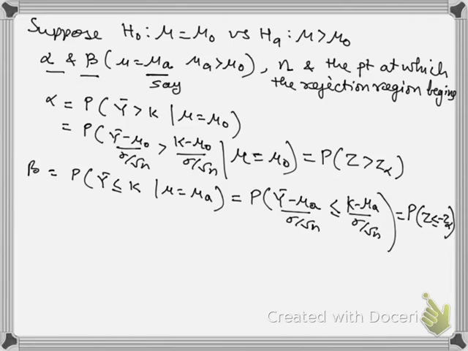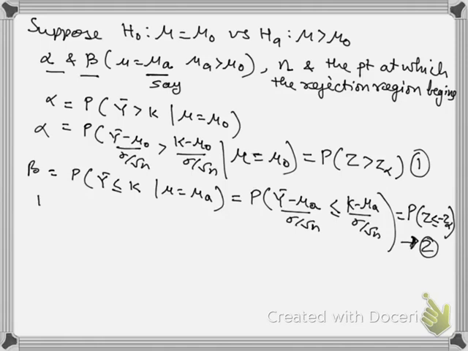So from these two equations, you have two equations, right? Equation 1 and equation 2. You can solve them simultaneously to get the value of n.